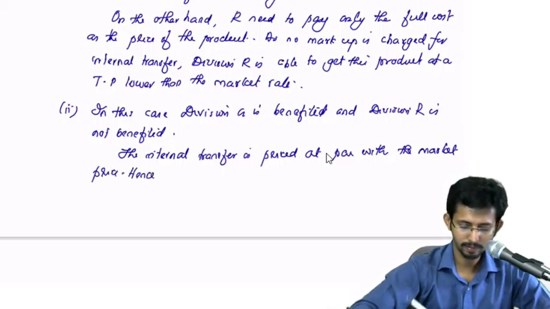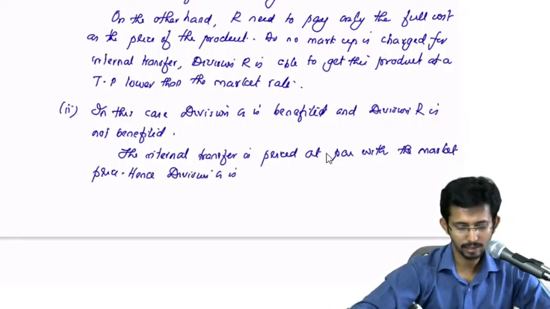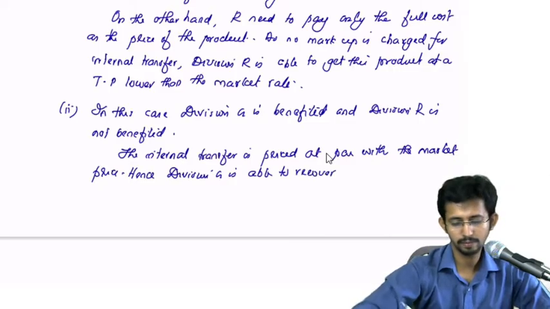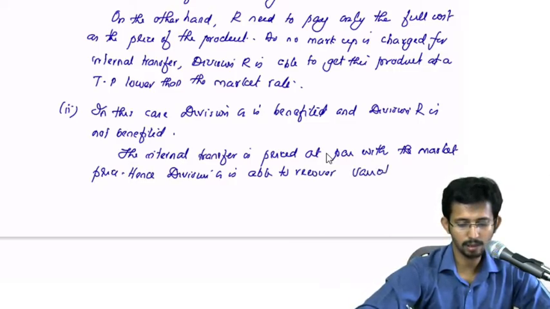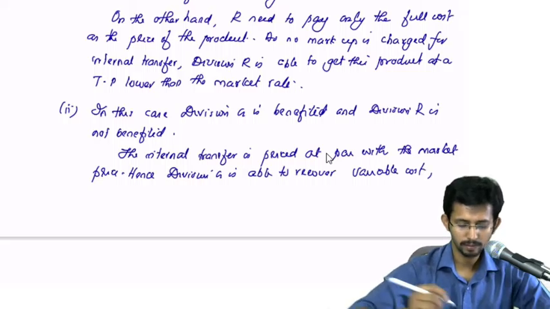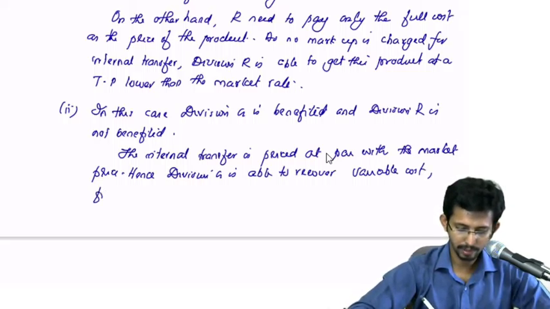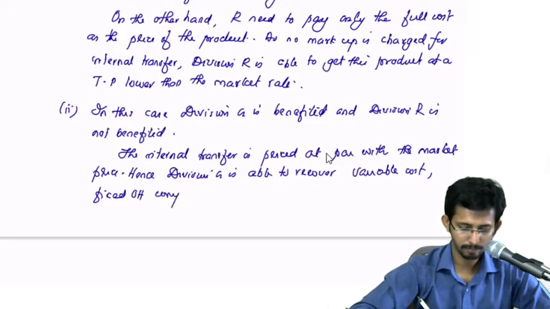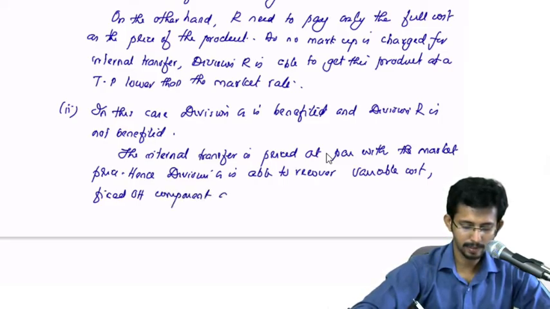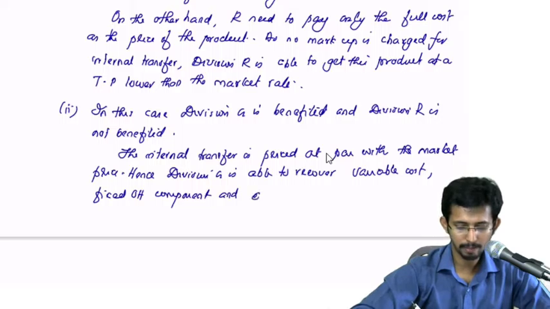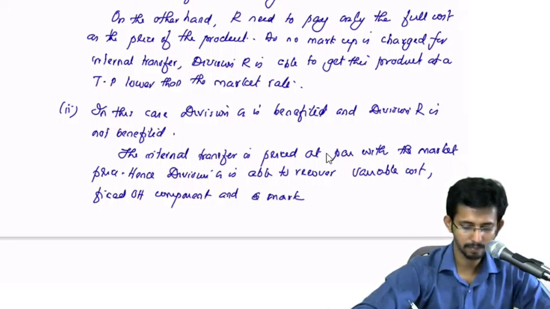Hence, division G is able to recover variable cost, then fixed overhead component, and a markup for profit.